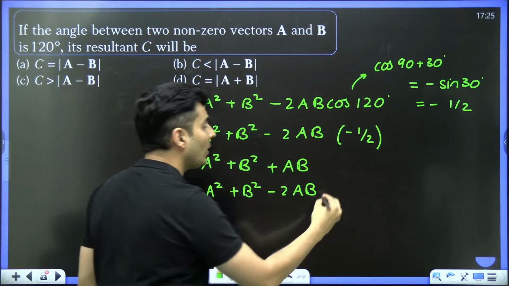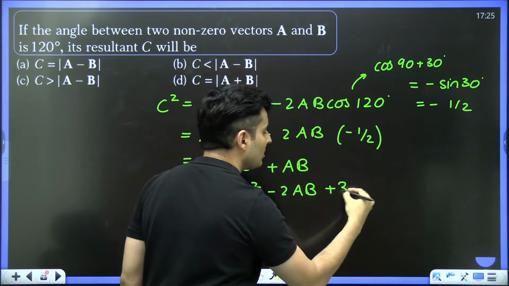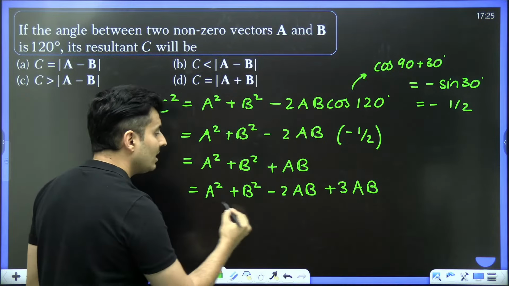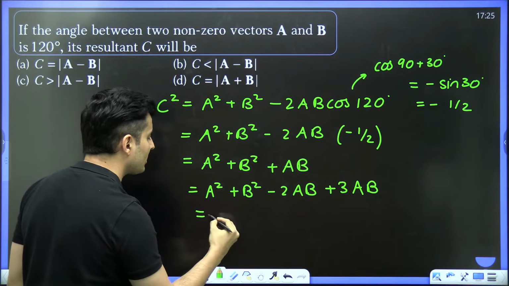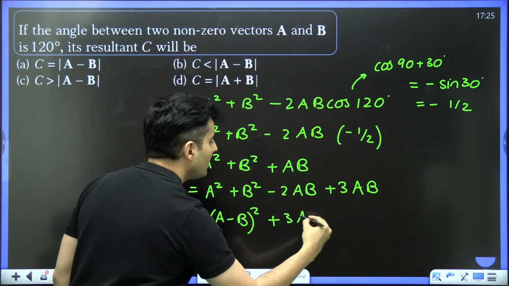How do I preserve that equality? By putting over here minus 2 plus 3 is plus 1. So this will become 3ab. Now this is nothing but the expansion of a minus b whole square. So this will be a minus b whole square plus 3ab.